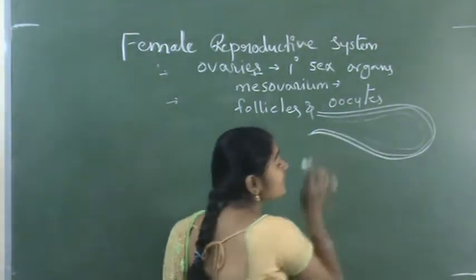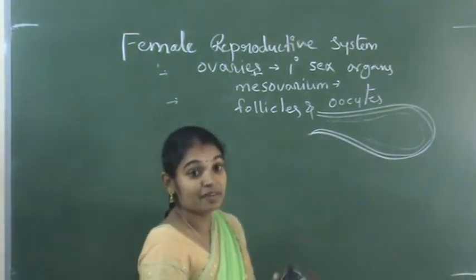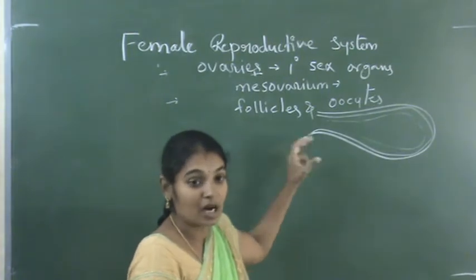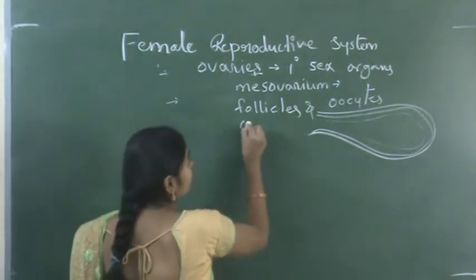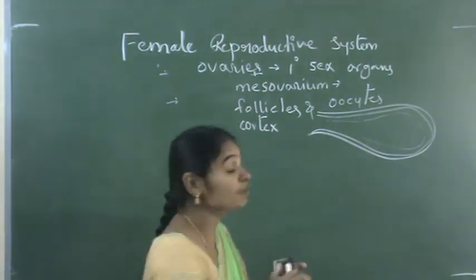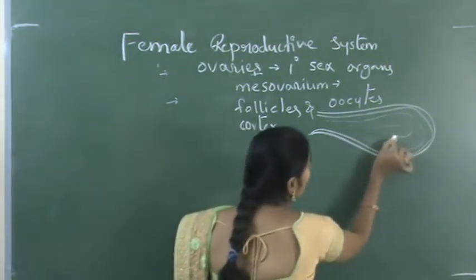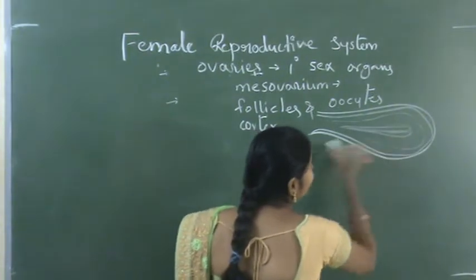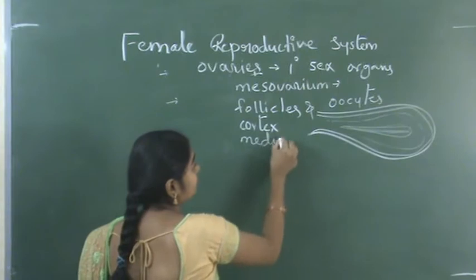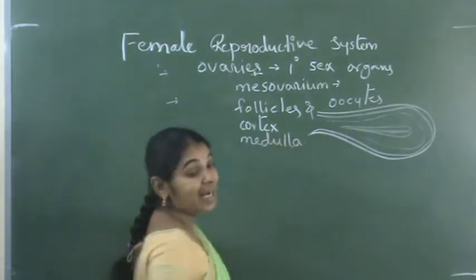This region where the follicles and oocytes are present is known as the cortex of the ovary. The innermost layer at the middle of the ovary is known as the medulla.